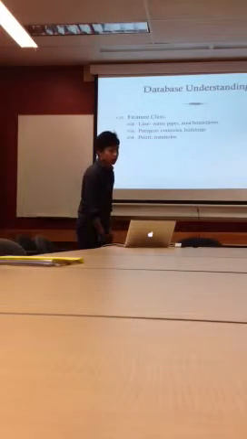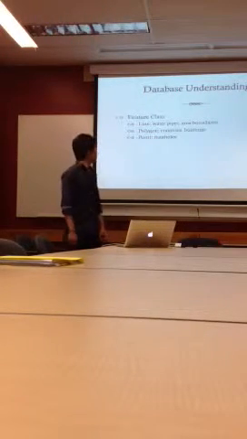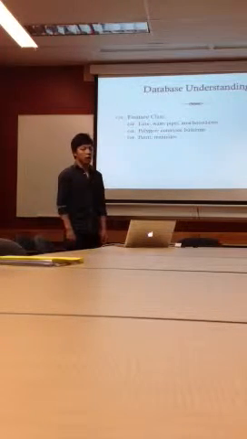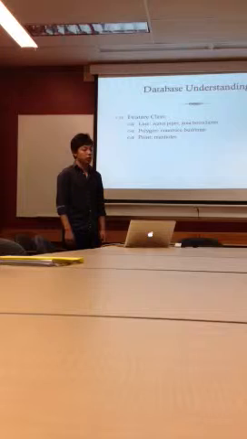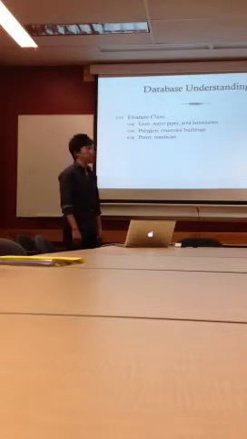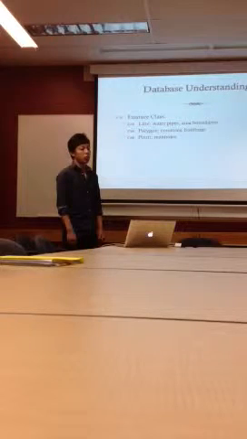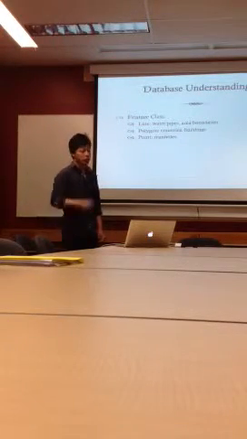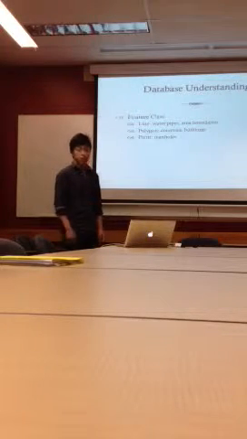So let's do some database understanding on all the geographic data. All the geographic data are stored in three forms, which we call feature classes. The first is line.